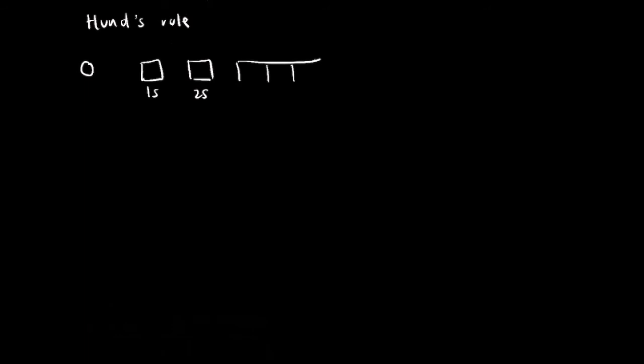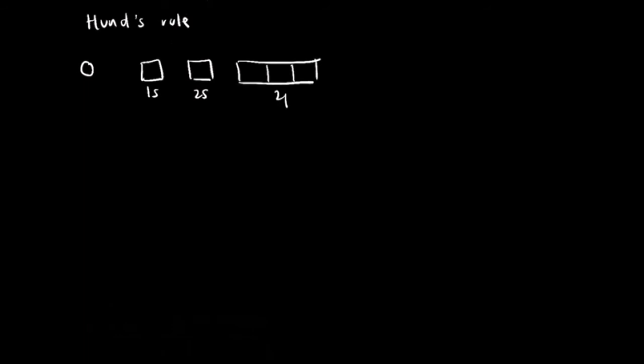Hund's rule states that when we are filling in a sublevel, each orbital of that one sublevel must be occupied singly, such that each orbital has 1 electron before we start to pair up any electrons. So if we consider the electronic configuration of oxygen, oxygen has 8 electrons. Let's quickly draw the arrow in box diagram.